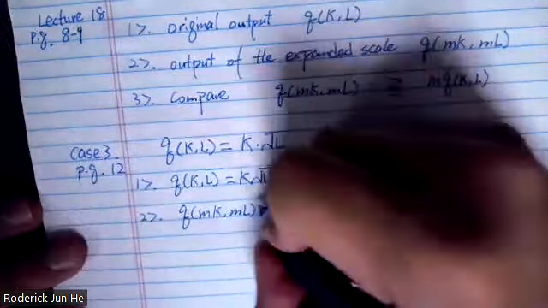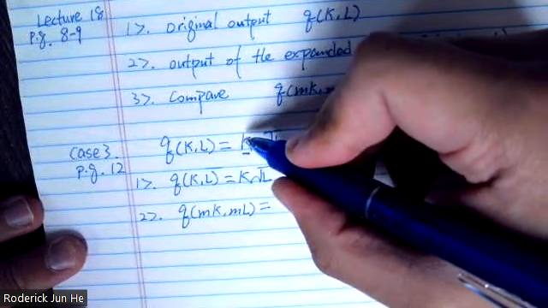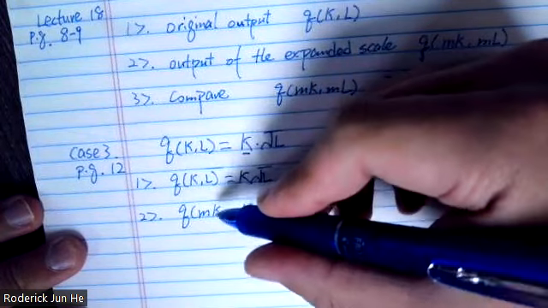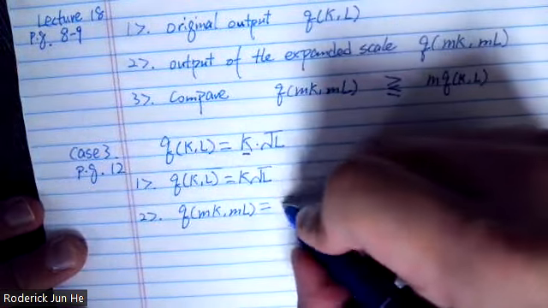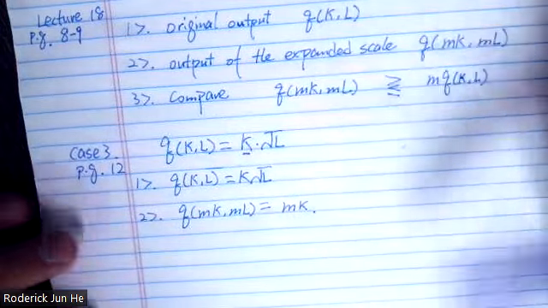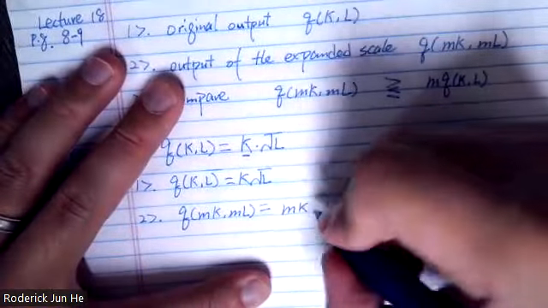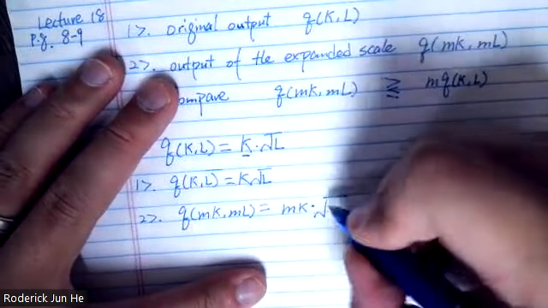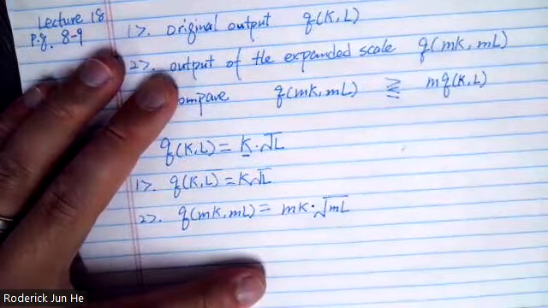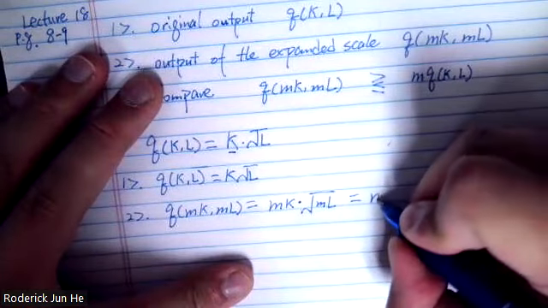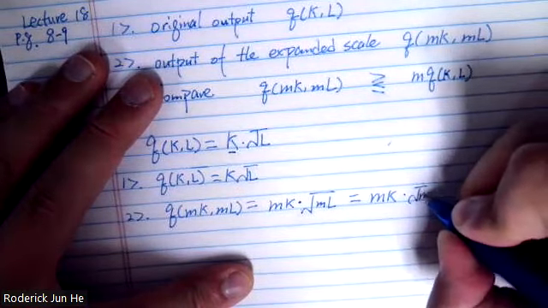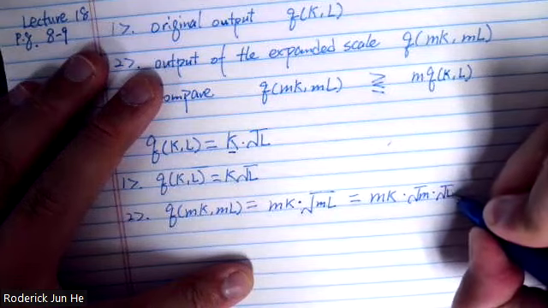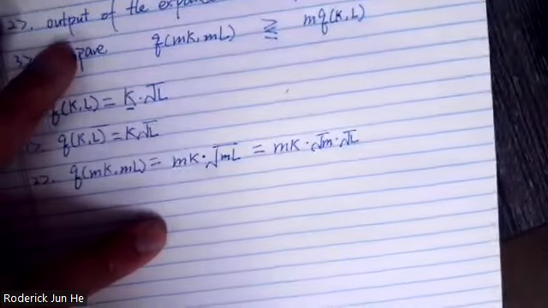In the production function, this is the capital that you use, but how much capital are you using now? M times K, right? And then multiply by the square root of how much L you're using, M times L. So then it's MK times the square root of M times the square root of L, and let's rearrange it.